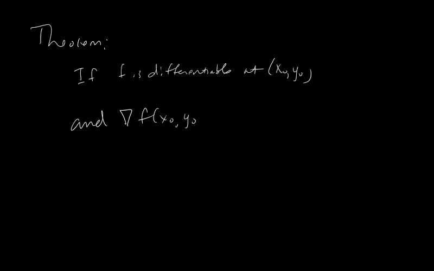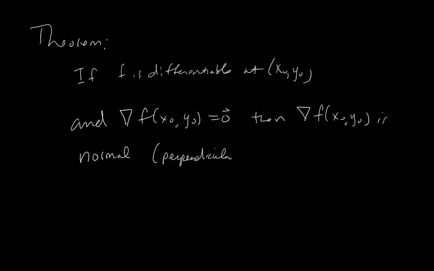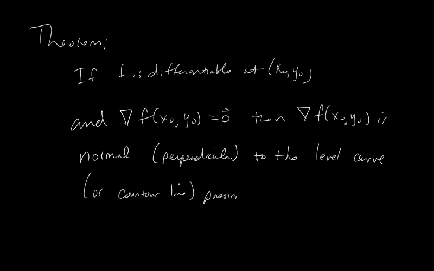Okay, so theorem: if f is differentiable at a point (x0, y0), and the gradient of f at (x0, y0) is not equal to the 0 vector, then the gradient of f at (x0, y0) is normal, i.e. perpendicular, to the level curve or contour line passing through that point.